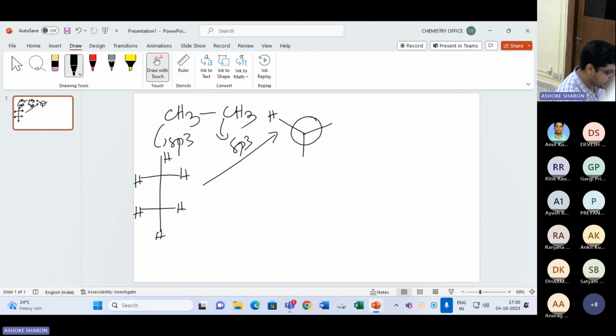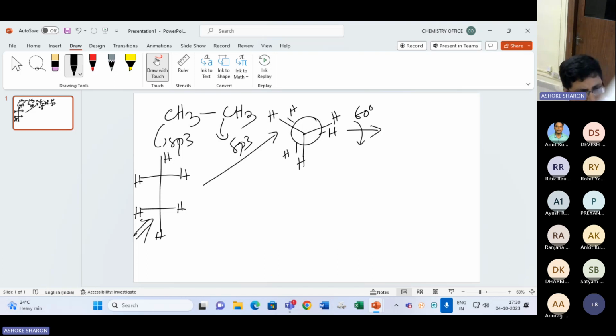That carbon will be your top one, the bottom carbon will be this one, with hydrogen, hydrogen, and hydrogen, because all the substituents are hydrogen. Now if you rotate the molecule, you fix the top one and rotate in 60-degree operations.